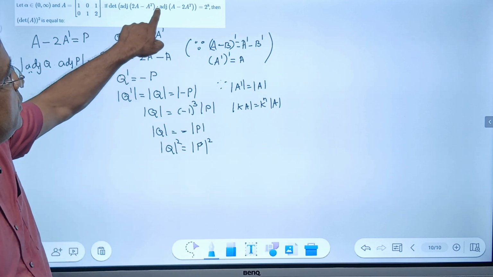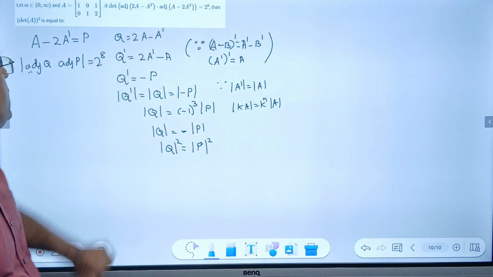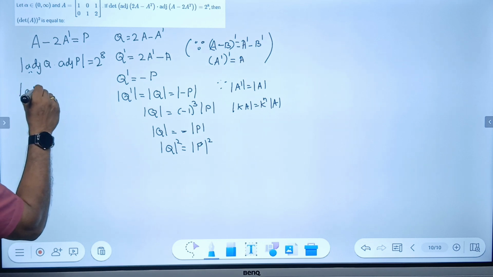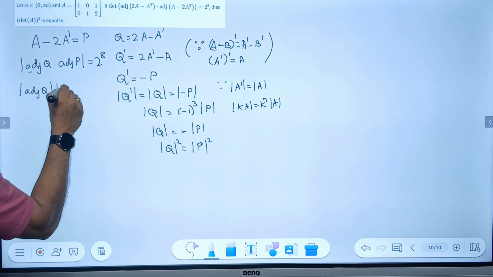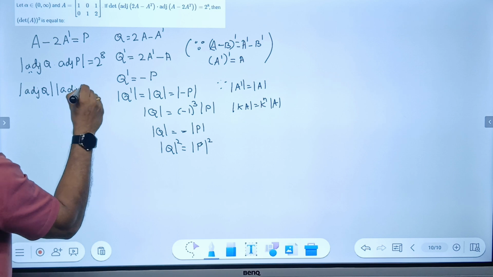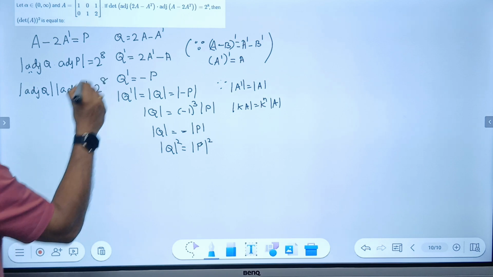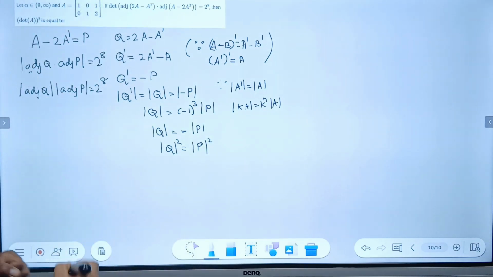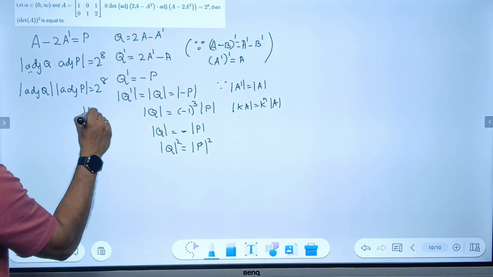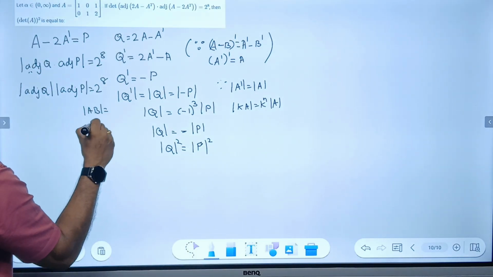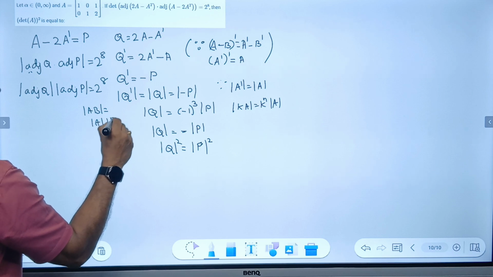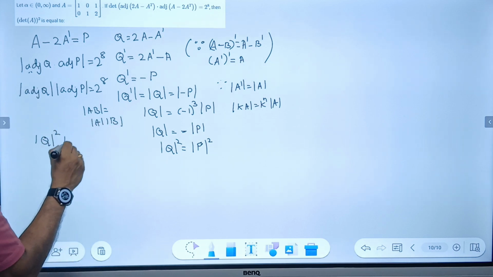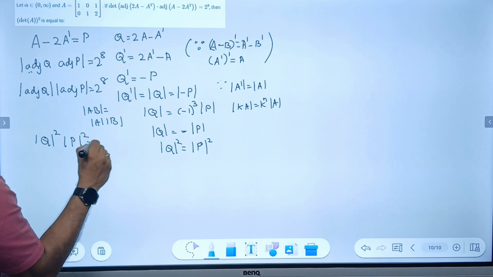You also know this is nothing but determinant of adjoint Q into determinant of adjoint P equal to 2 power 8, because determinant of AB is determinant A into determinant B. Now this is determinant of Q whole square, and this is determinant of P whole square.